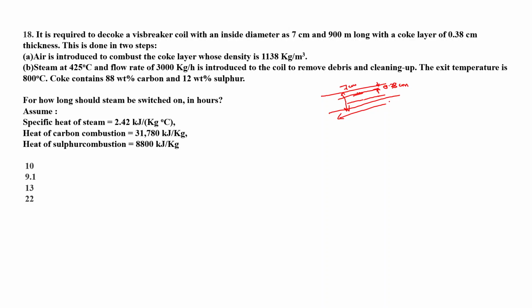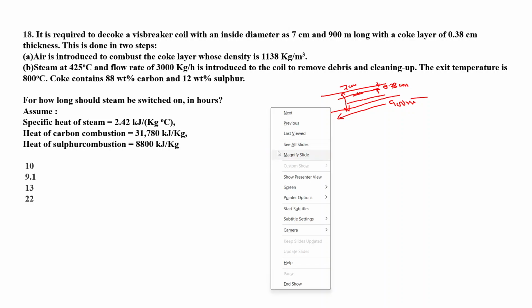The length of the coil is 900 meter. So firstly, we will calculate the volume of coke layer, and then mainly what we need is the mass of the coke layer.